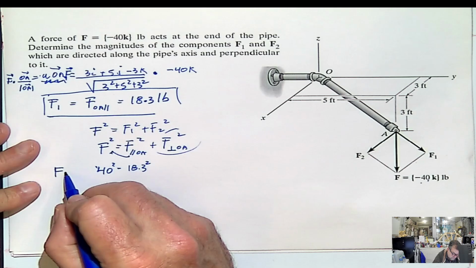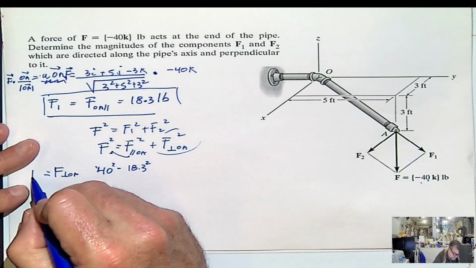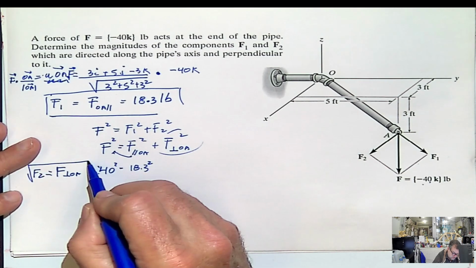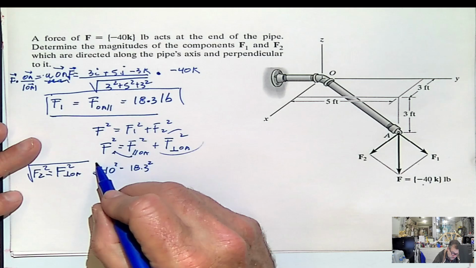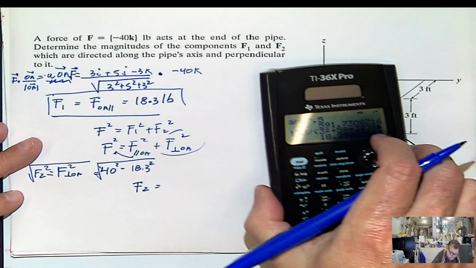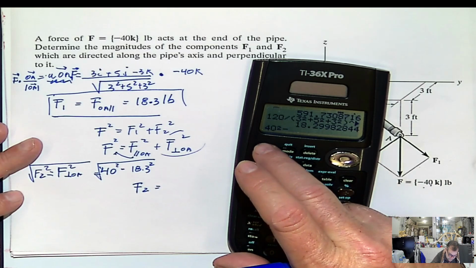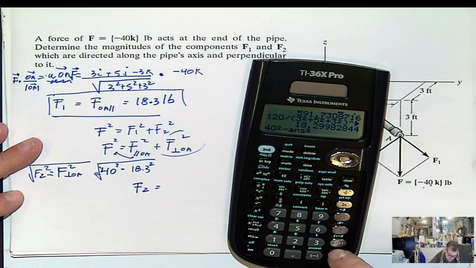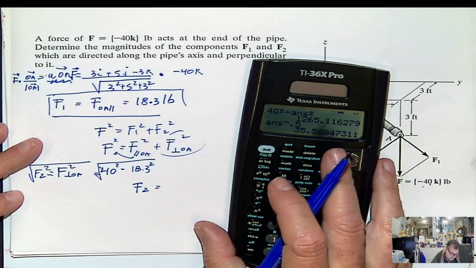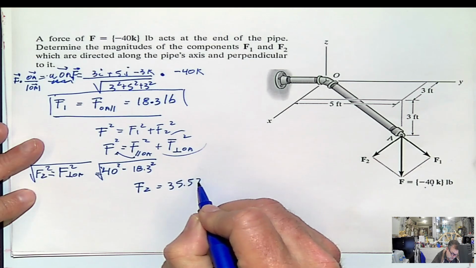So I'm passing this, subtracting to the other side, and I get this, right? So that will be the component perpendicular to OA, or that is called F2. The force F2 will be the square root of 40 squared minus 18.3 squared, which is the value that I have here, and that will be 35.57. 35.57 pounds.